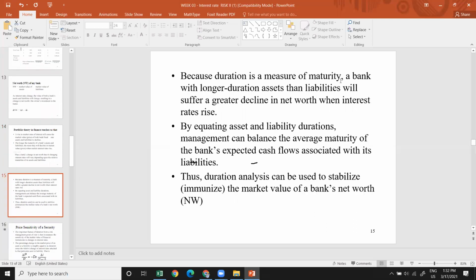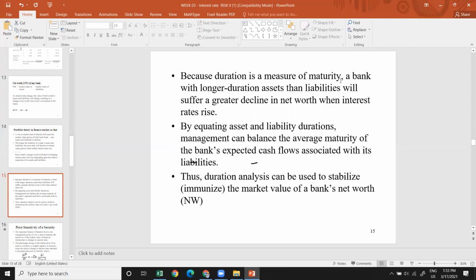Because duration is the measure of maturity, a bank with a longer duration of assets than liabilities will suffer a greater decline in net worth when the interest rate is going up. By equating asset and liability duration, management can balance the average maturity of the bank's expected cash flows with those associated with its liabilities.